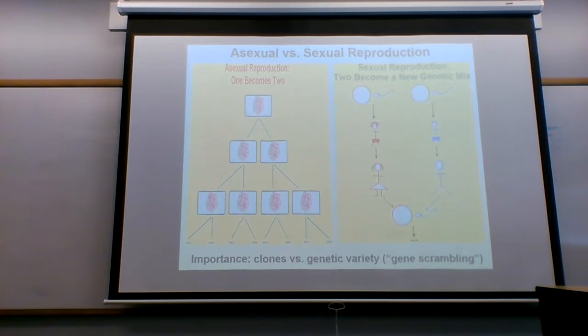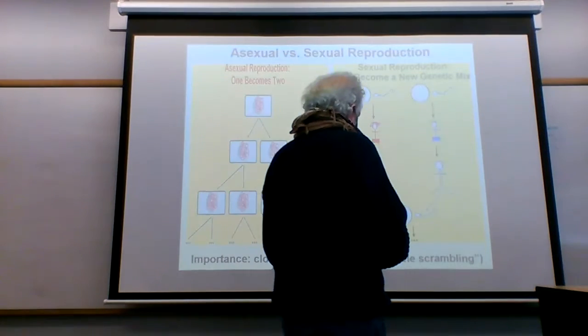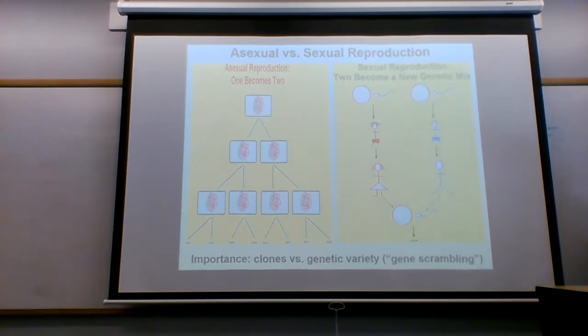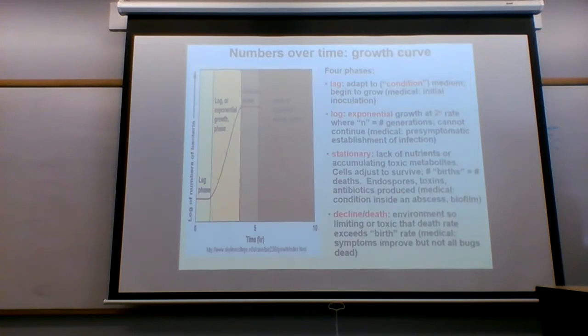So clones, like bacteria, don't have much in the way of genetic variation. But in sexual reproduction, you always have this new introduction and scrambling of new kinds of genotypes. So you can do all kinds of things with sexual reproduction that you can't do with clonal or asexual reproduction. But asexual reproduction is a good bit simpler anyway.